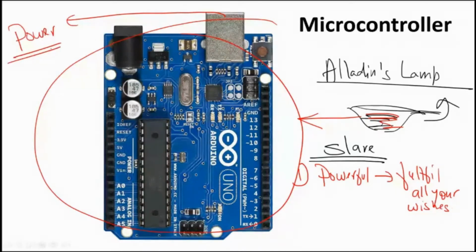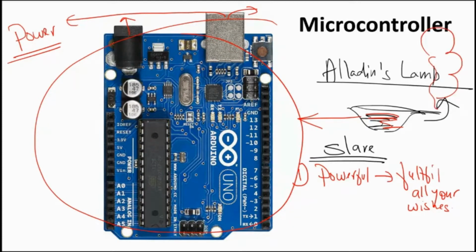How do I power this board? I either power it using a power adapter, just like you power your mobile phones using a separate adapter, or I can use a small USB cable and connect this device to a personal computer or any USB host device. Either way you can power it. The moment you power this board, the genie present inside this lamp will come out.